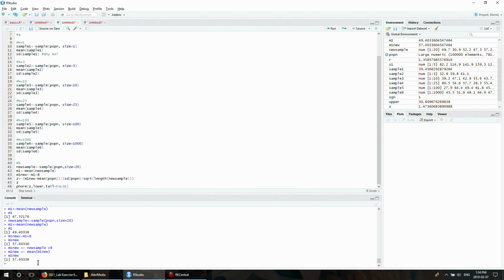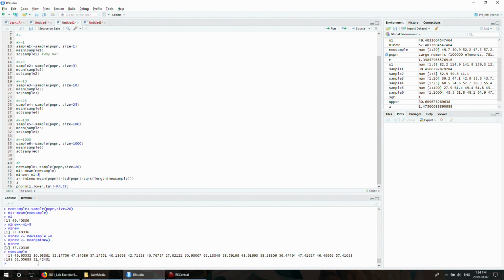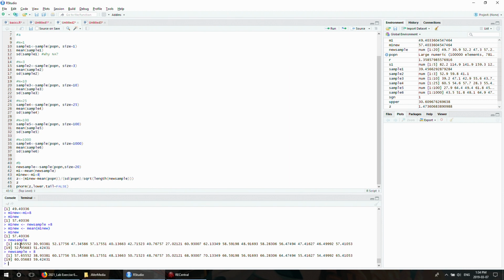You also have 57. So basically, what that was doing when I did new sample plus 8, it was just adding 8 to every single value in new sample. So I just thought I'd show you another way to play with the numbers, actually adding to the values rather than just increasing the mean that we had.